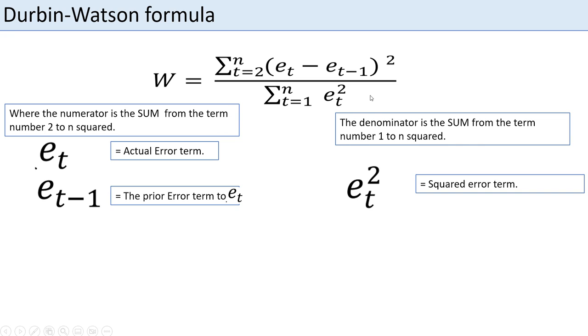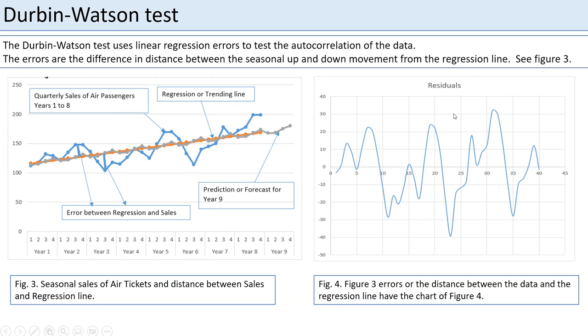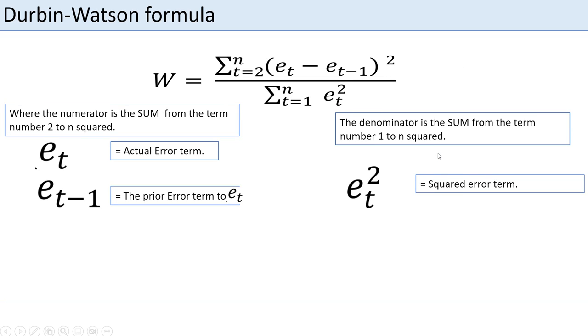We apply this formula to these residuals, and the denominator is the sum from the term number 1 to n of the squares. So these are the residuals or the errors of the linear regression.